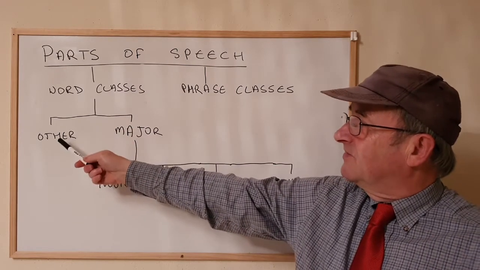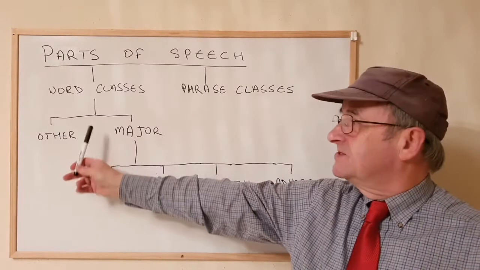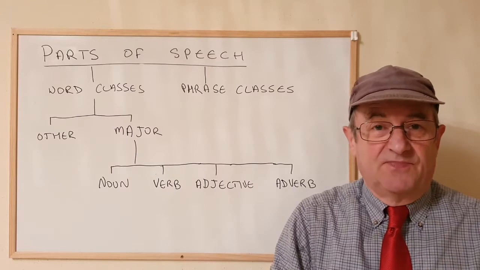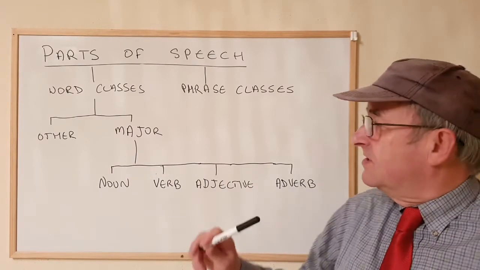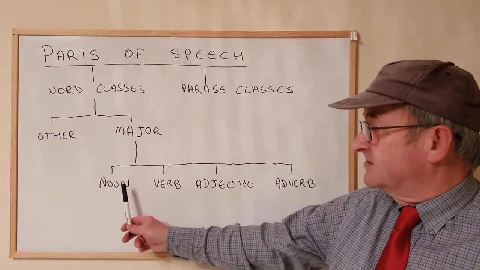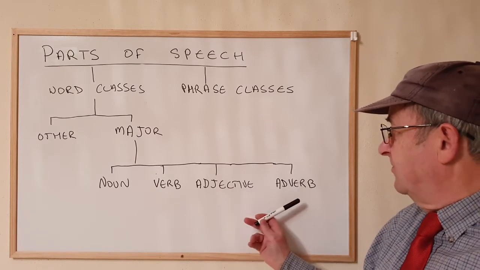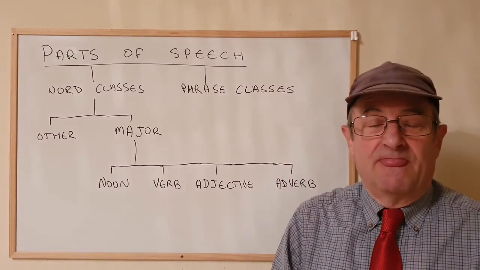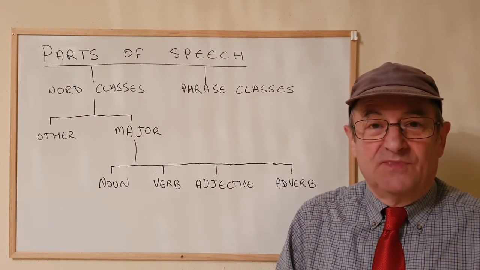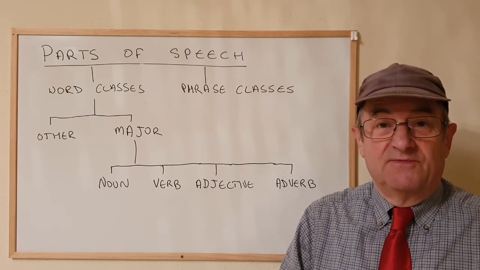Word classes are divided into major word classes and other word classes. We're going to concentrate on major word classes. And in that description, there are 4 major word classes: noun, verb, adjective, and adverb. Don't be frightened by all these new words and names. You will be hearing them a lot. They will become very familiar.